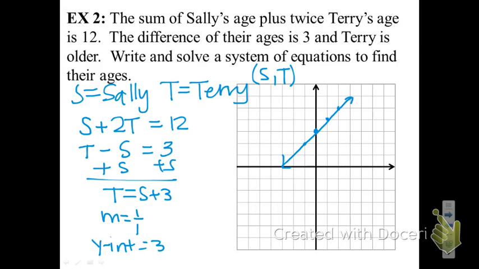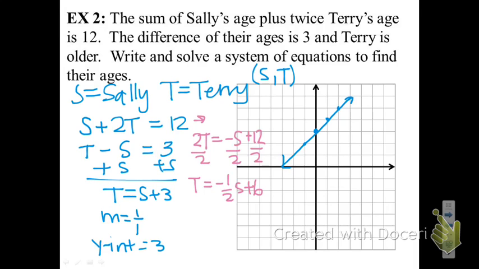Okay, I take my first equation right here, and I'm going to go ahead and subtract S over, and it gives me this new equation, 2T equals negative S, that's the subtracting S over, plus 12. And then I'm going to divide each piece by 2. So T equals negative 1/2 S plus 6.